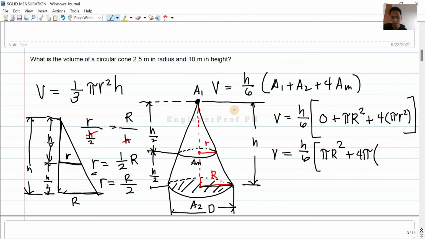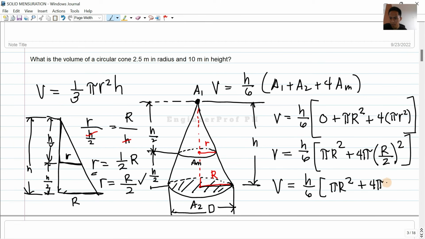So small letter r corresponds to the radius of the midsection. So small letter r is just equal to R over 2. So that is R, capital letter, over 2, so that is squared. In this case, we can say that volume equals, we have here h over 6. Okay? So we have here pi R squared, capital letter, plus 4 pi, so this is R squared over 4 since 2 squared is equal to 4, di ba?